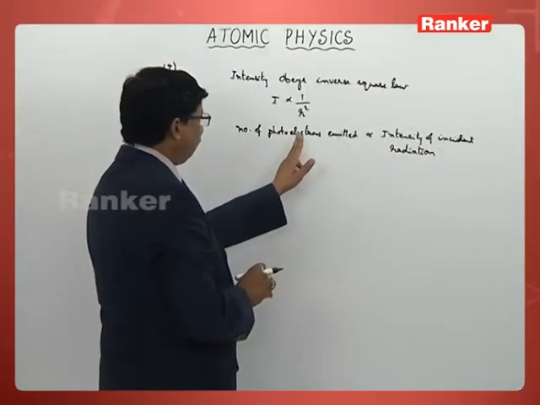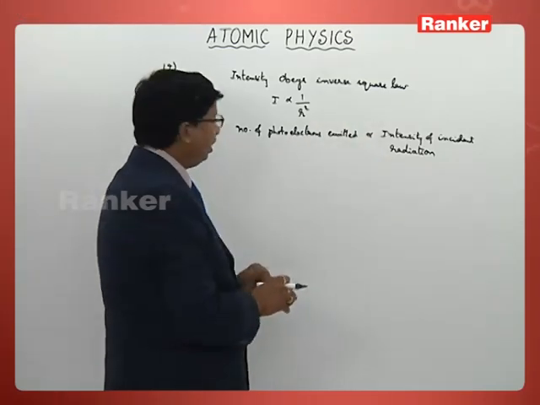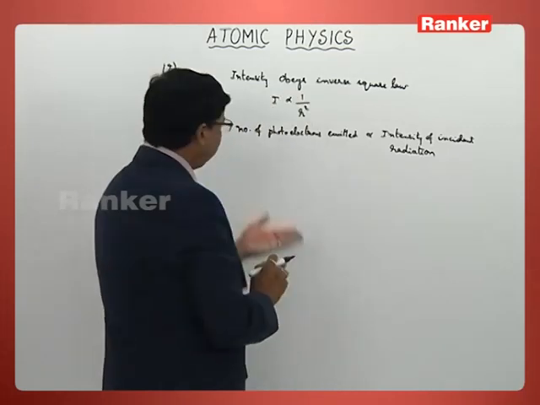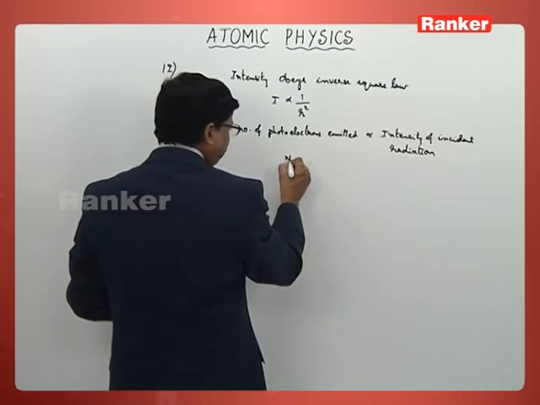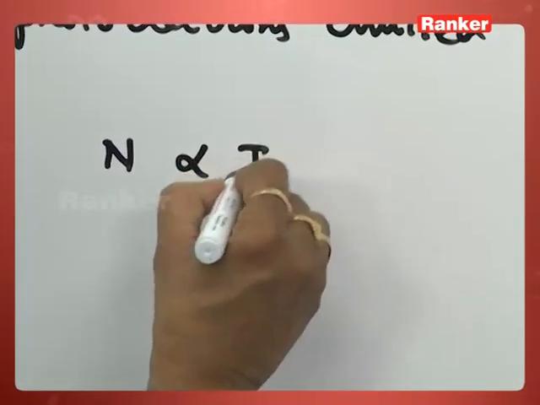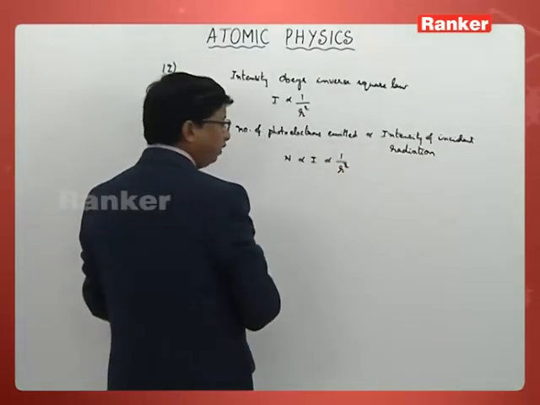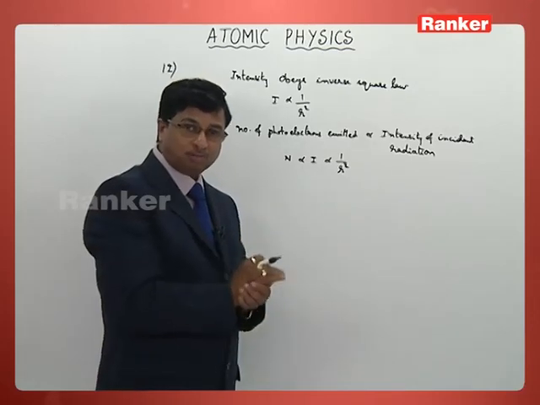So the number of photoelectrons emitted is proportional to intensity, and intensity obeys the inverse square law. Then why can't you directly understand that the number of photoelectrons is inversely proportional to the square of the distance of separation between the source and the photocell?